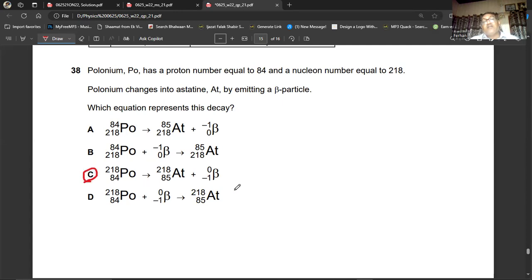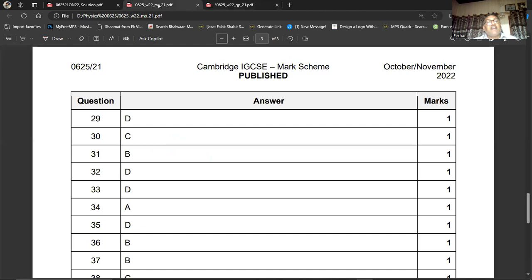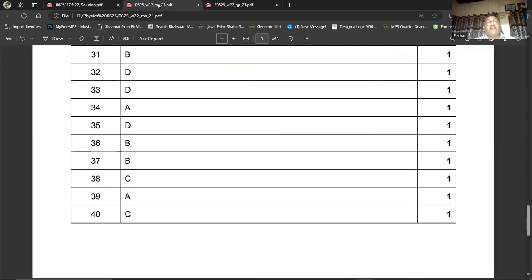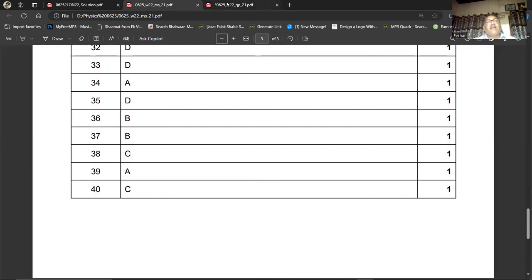The proton number is always written at the bottom and the nucleon number is written on the top. That's why this is not the answer. C is the right option. Question number 38, C is the right option, sir.